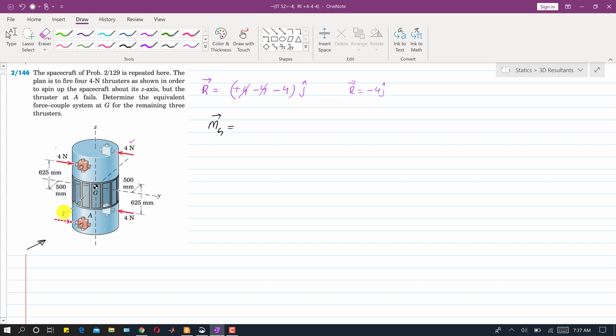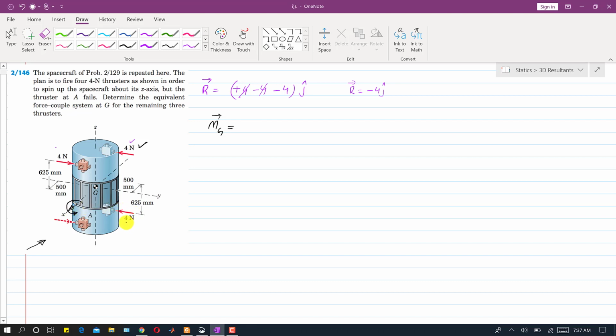So this 4 Newton force is producing moment in this direction. If we curl our right hand fingers, the thumb will point out in the positive x direction, since this is the counterclockwise moment.